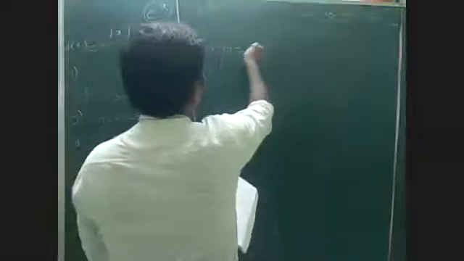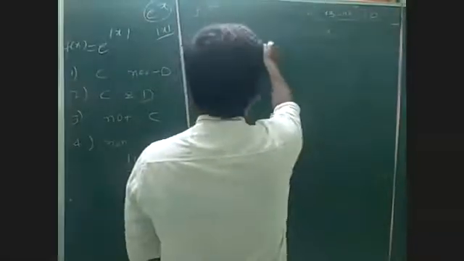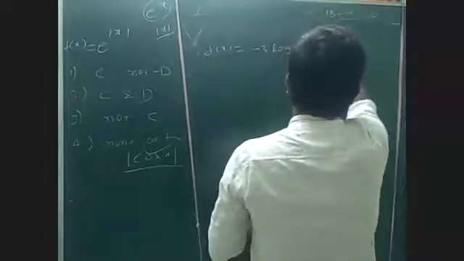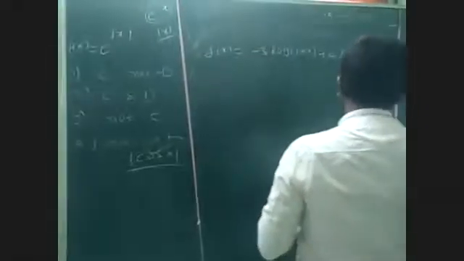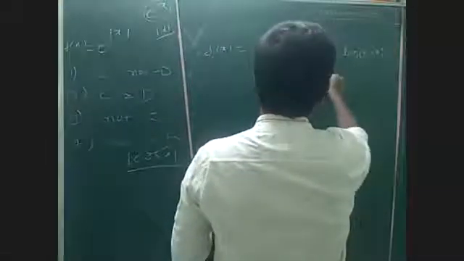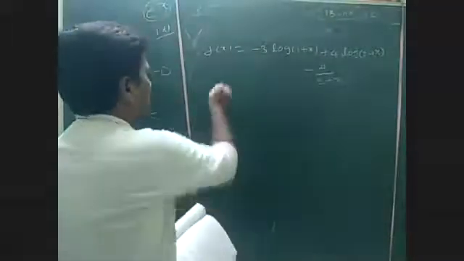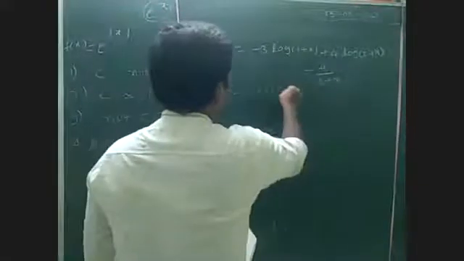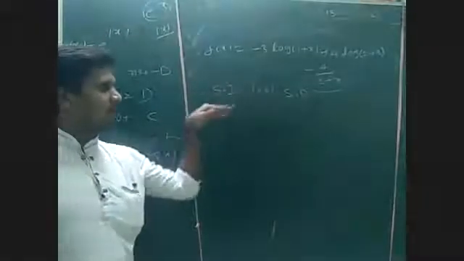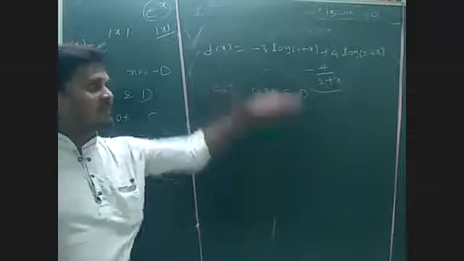Find the intervals in which the function f of x is equal to minus 3 log of 1 plus x plus 4 log of 2 plus x minus 4 by 2 plus x is strictly increasing or strictly decreasing. To find the interval, we can find f dash of x and equate f dash of x to 0. Do it fast.